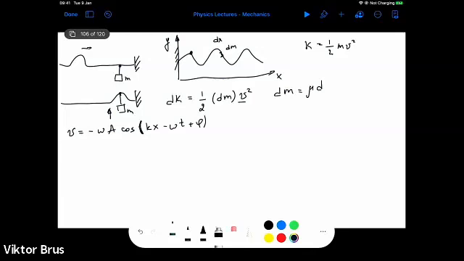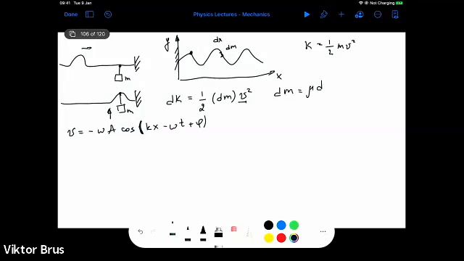Yeah, so we actually derived this equation when we were considering the vertical speed of elements of the string when we have some sinusoidal wave moving through it. So this is exactly what we need to calculate kinetic energy.